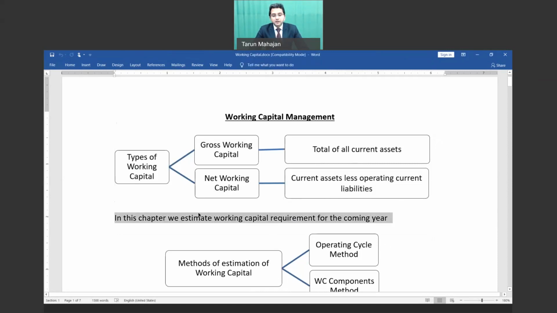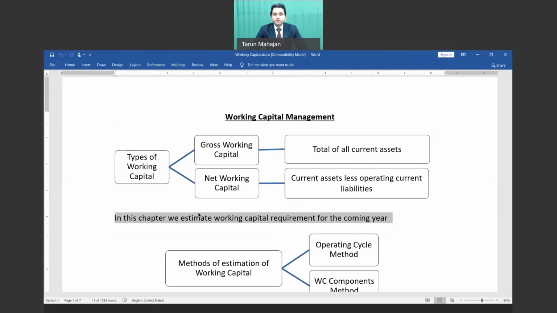Okay, in this chapter, we estimate working capital requirement for the coming year. What do we do in working capital management? We forecast what will be the amount of working capital required to run the business. So why do we forecast?